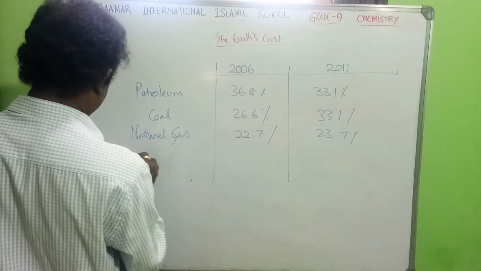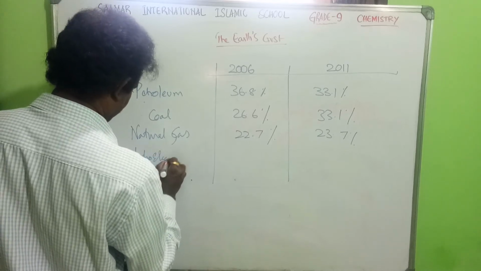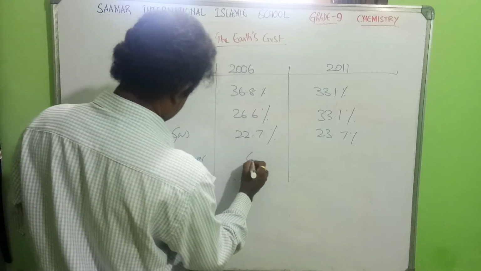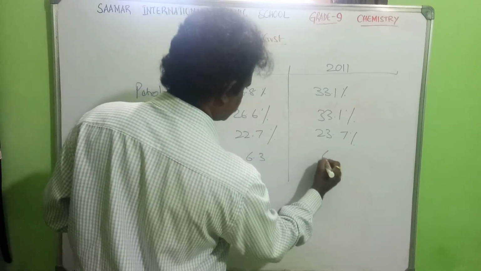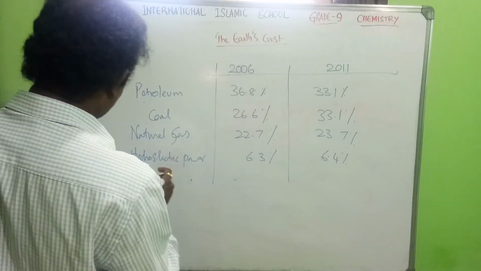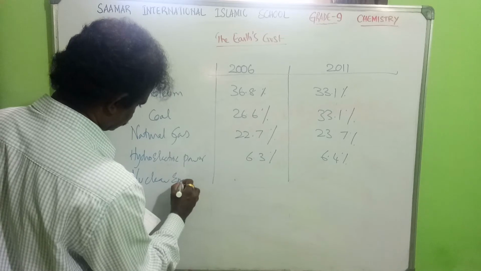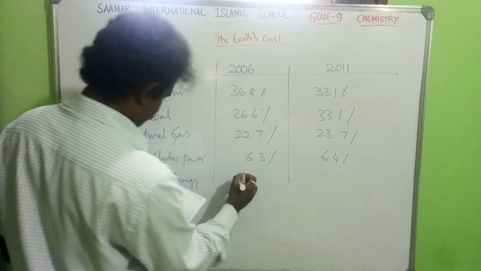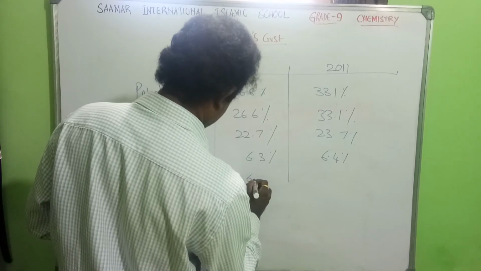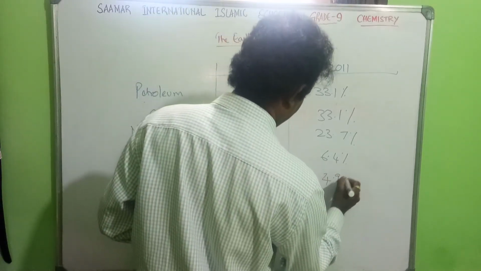Hydroelectric power 6.3, 6.4. Clear? Next, nuclear energy 6.3, no sorry, 6.0 and 4.9.